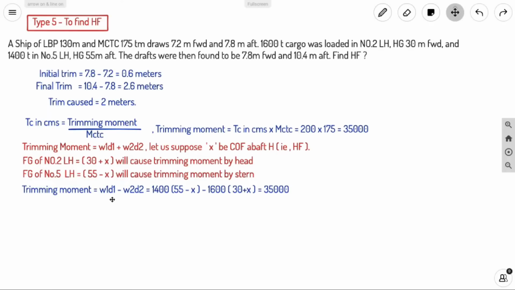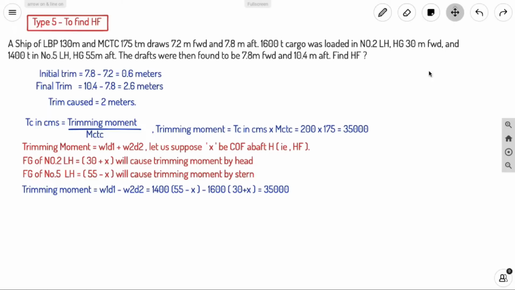So we can write the equation as trimming moment is equal to W1D1 minus W2D2, since number 2 lower hold is by head, and number 5 lower hold is by stern. Both are different, so we subtract them. What you need to understand in these types of problems is which side to take first.